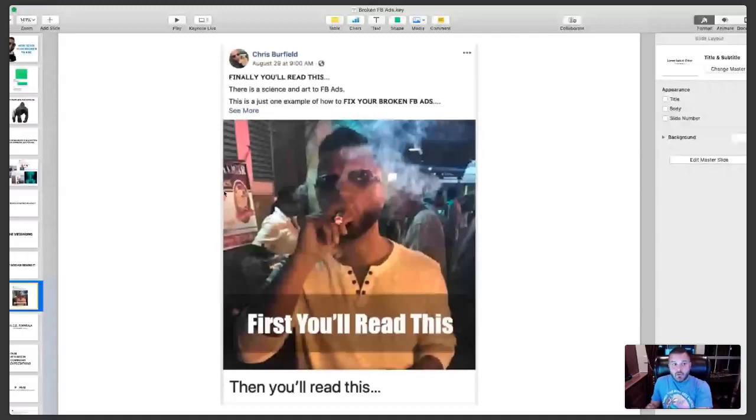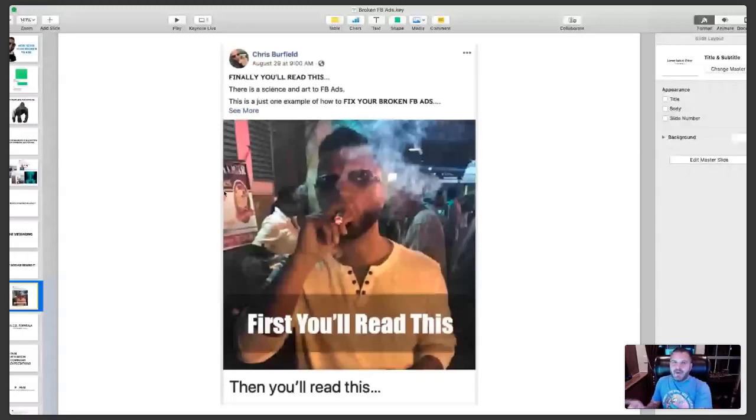Again, I'm going to go through a formula with you tonight to help you write some better ad copy. There are many variations of ads, but if we know that the first thing they're going to look at is the image. I have some text on there. First, you'll read this. We could put a message on the image, some sort of phrase or wording.